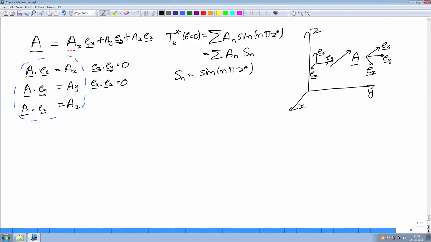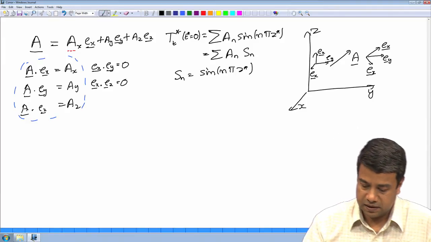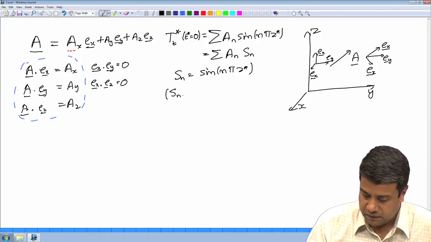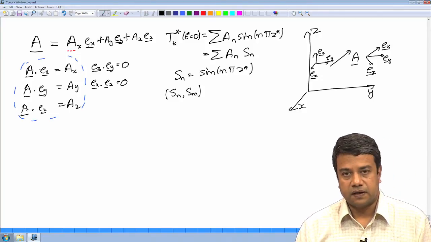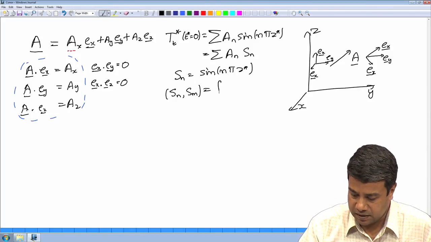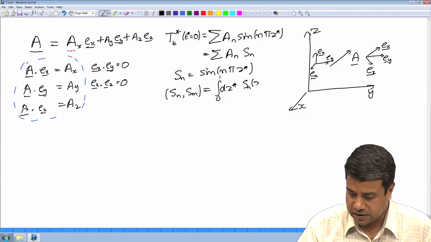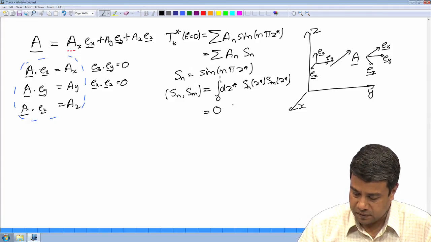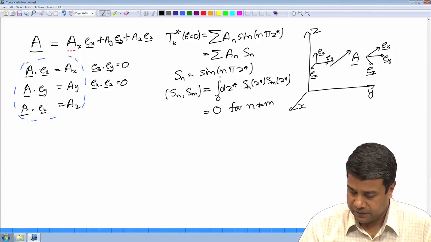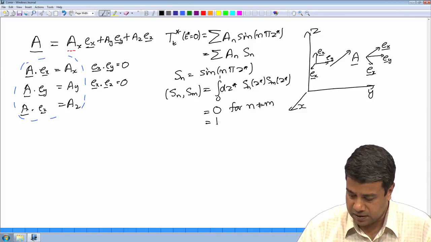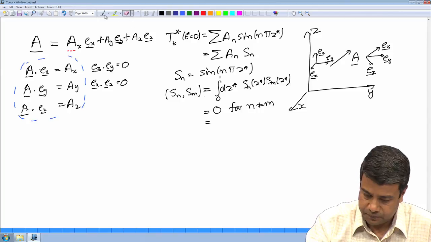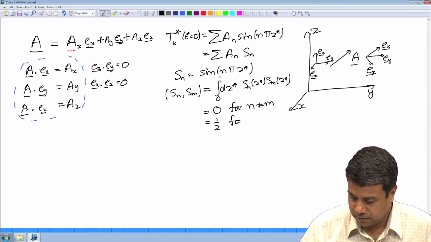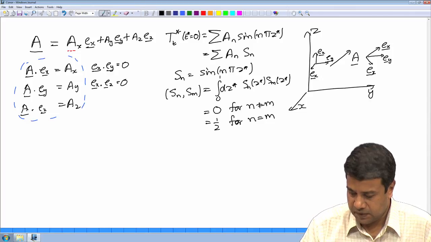Now, these functions satisfy orthogonality relations in the sense that the product of S n and S m, if I define this product of S n and S m as the integral 0 to 1 d z star of S n of z star S m of z star, is equal to 0 for n not equal to m, and is equal to, in this case, 1 by 2 for n equal to m.